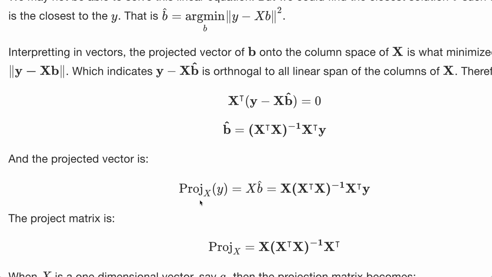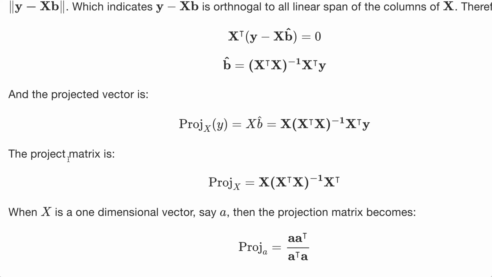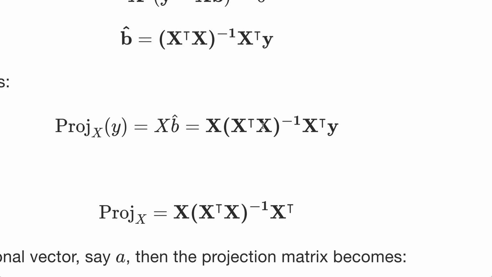Because of that, we get the projected vector of y onto the column space of X as X times b hat, which is this equation here.